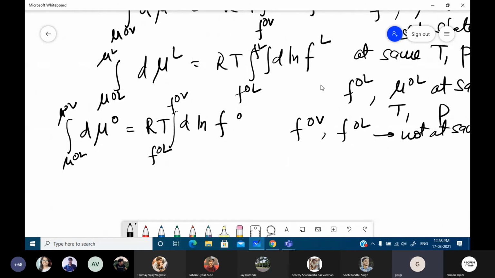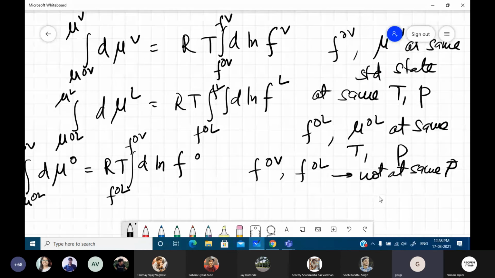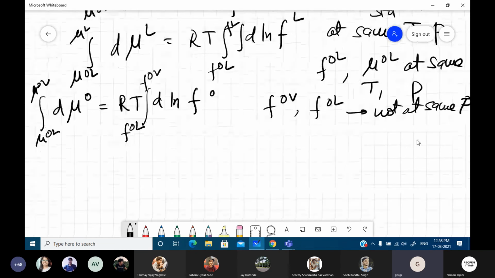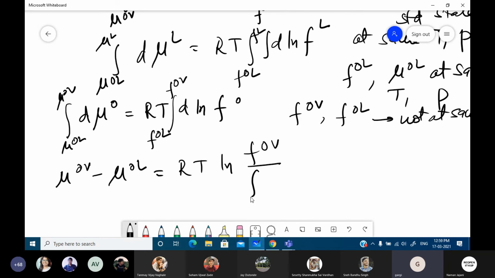Because mu0L and mu0V, their difference is only by pressure. There is nothing else different between the two. So I can very well connect from mu0L to mu0V, as all of these are properties. So I can write this equation, which gives me mu0V minus mu0L equals RT ln F0V by F0L.